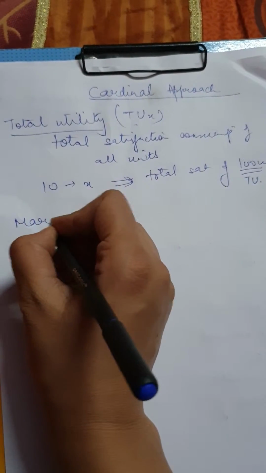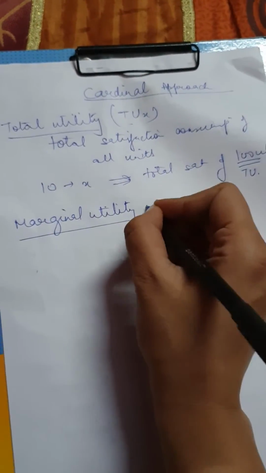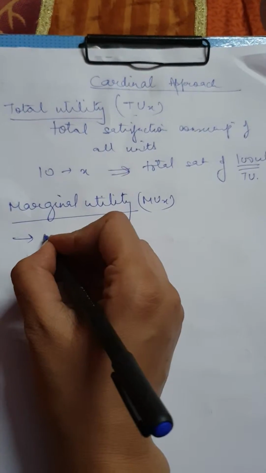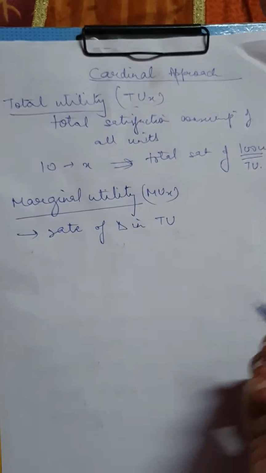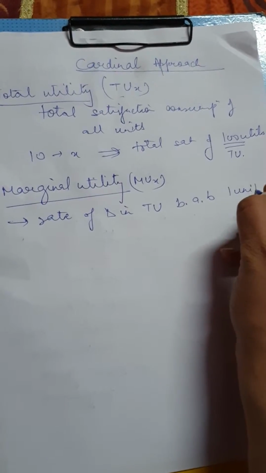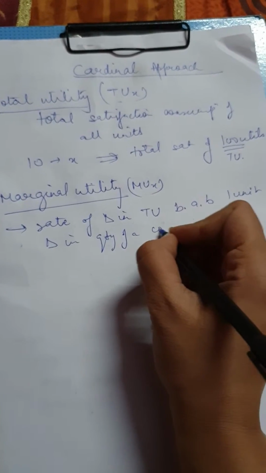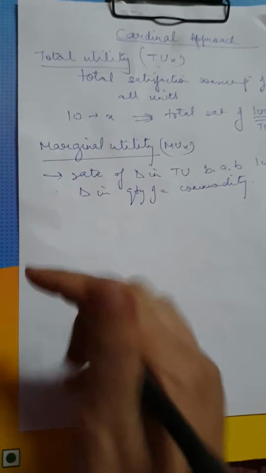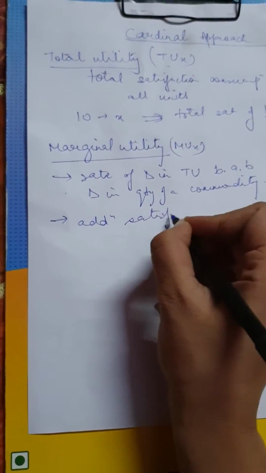Second is known as marginal utility, also given by MU of X. This is defined as the rate of change in total utility brought about by 1 unit change in the quantity of a commodity. This simply means the additional satisfaction that we derive.